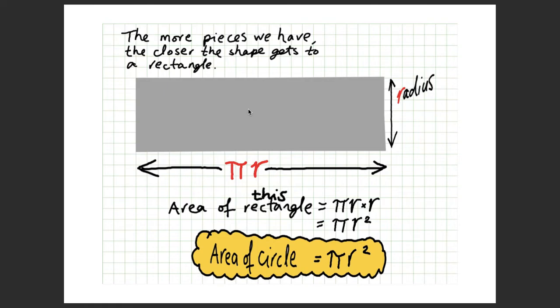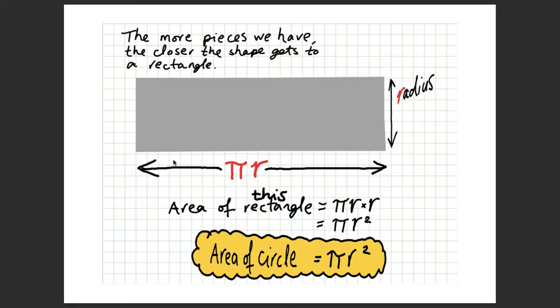And then eventually, with millions, billions, or infinite pieces, it will look exactly like a rectangle. And then that rectangle will be pi times r along the bottom and r down the edge. So the area of this rectangle would be pi times r times r, or in other words, pi times r squared, pi r squared.